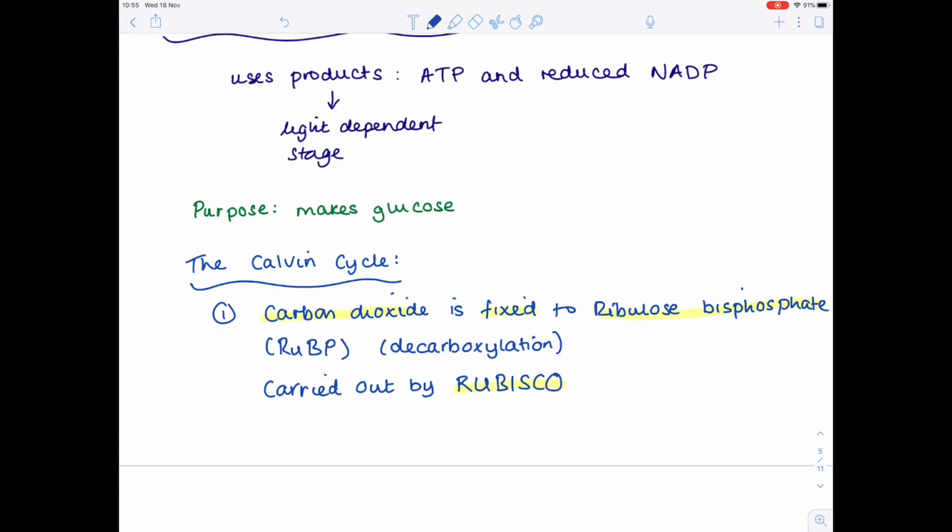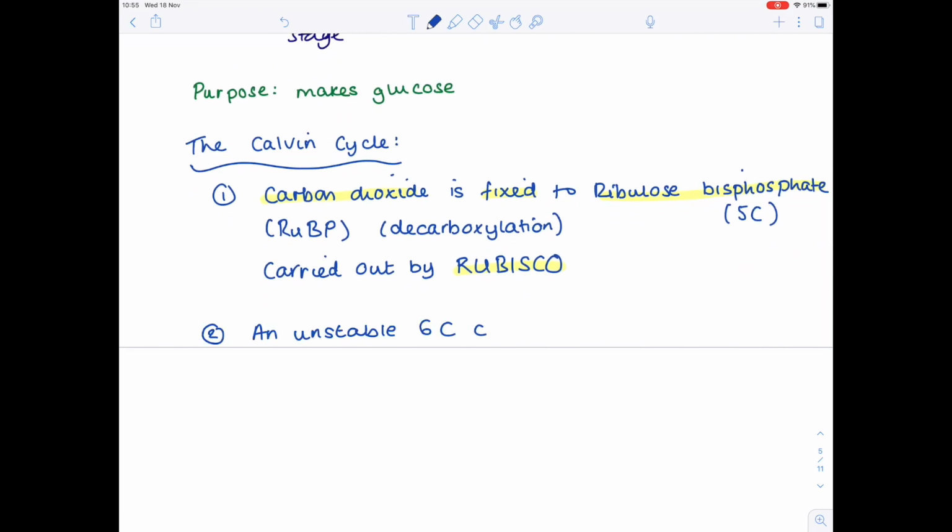Just notice for me that ribulose bisphosphate is a 5-carbon compound. It's so important that you know how many carbons are in all of these molecules. Now, the fixation of carbon dioxide to ribulose bisphosphate forms an unstable 6-carbon compound. And because it's unstable, it immediately splits into 2 3-carbon molecules of glycerate 3-phosphate.